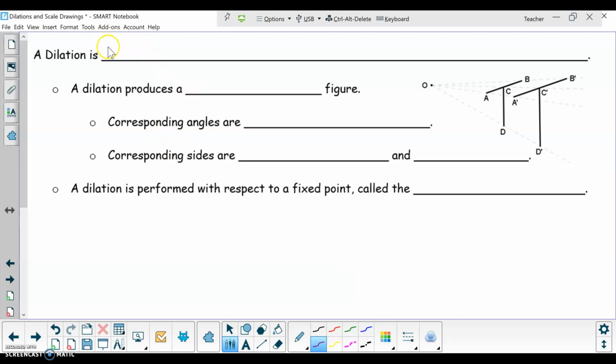Okay, so what is a dilation? So a dilation is a transformation that enlarges or reduces a figure proportionally.